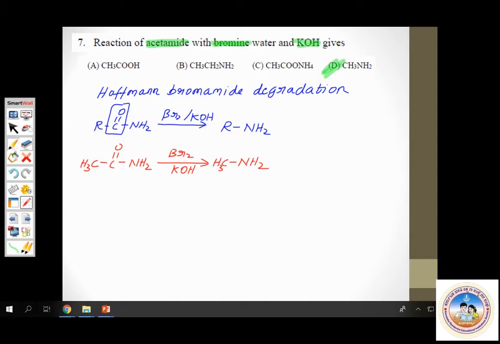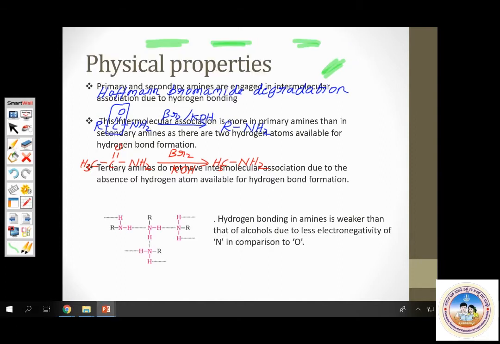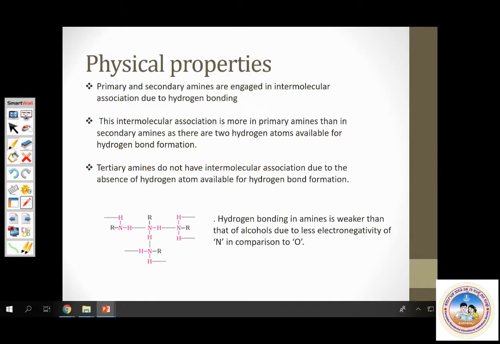Now let us quickly go to chemical properties of amines. Yeah, before that, the physical properties. Some interesting aspects related to physical properties. You should know, only primary and secondary amines show intermolecular hydrogen bonding because in these amines nitrogen is attached to 2 and 1 hydrogens respectively, but tertiary amines do not show intermolecular hydrogen bonding. Important.